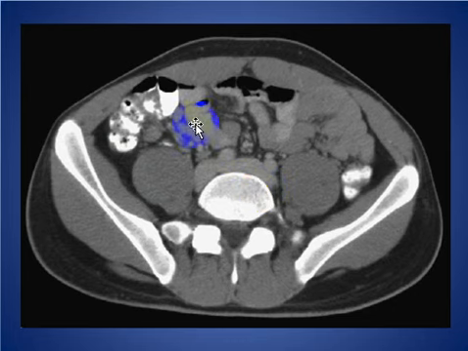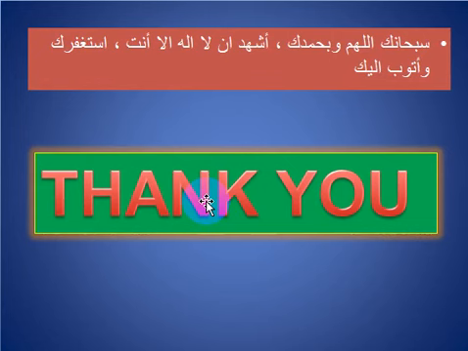So this is mesenteric lymphadenitis presenting with multiple enlarged lymph nodes with normal appendix and no pericecal inflammatory changes. So we exclude appendicitis, and we exclude diverticulitis and Crohn's disease in this patient.